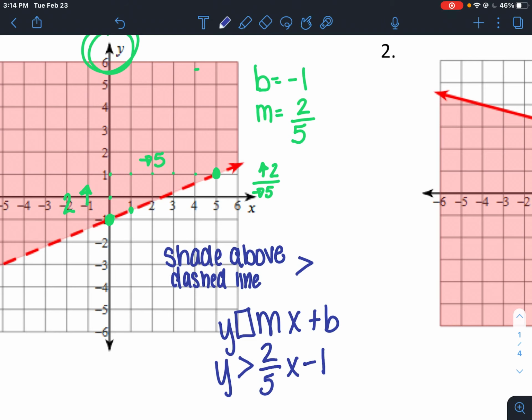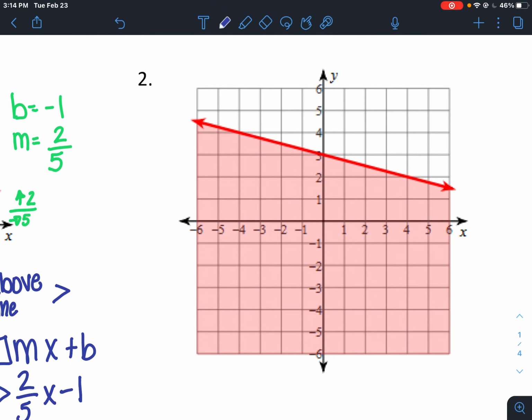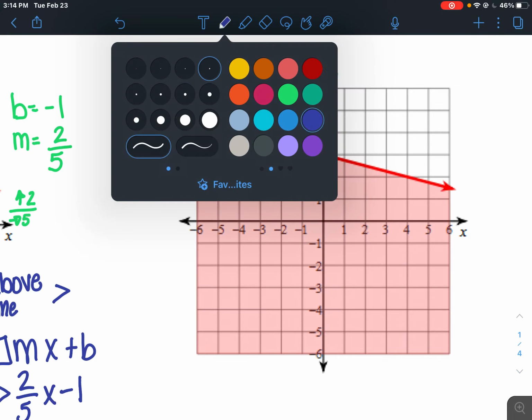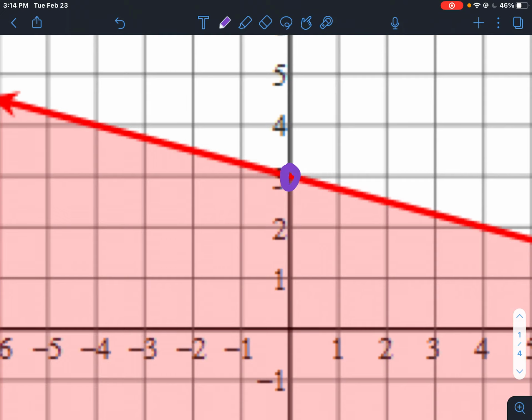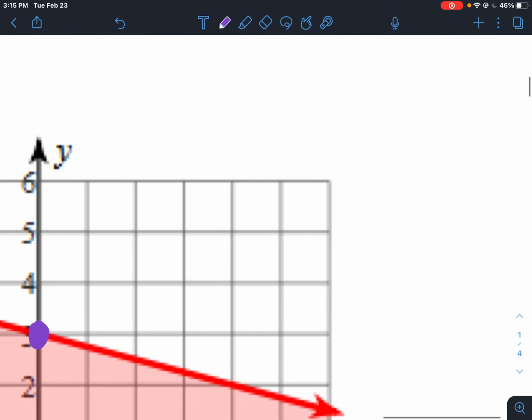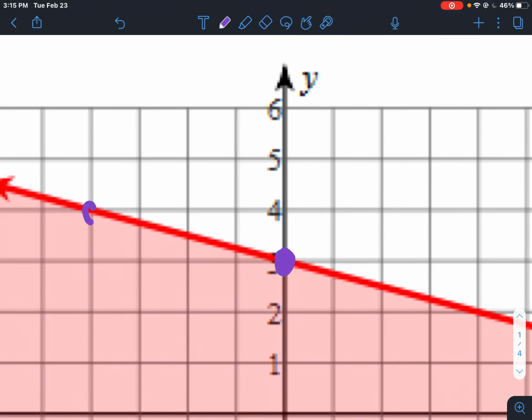Okay, let's try one more together, going through all the steps. First step is to identify the y-intercept right here, and I'm going to write it off to the side. So b equals 3. From there, I'll identify my next nice point, and we'll calculate our rise over run.